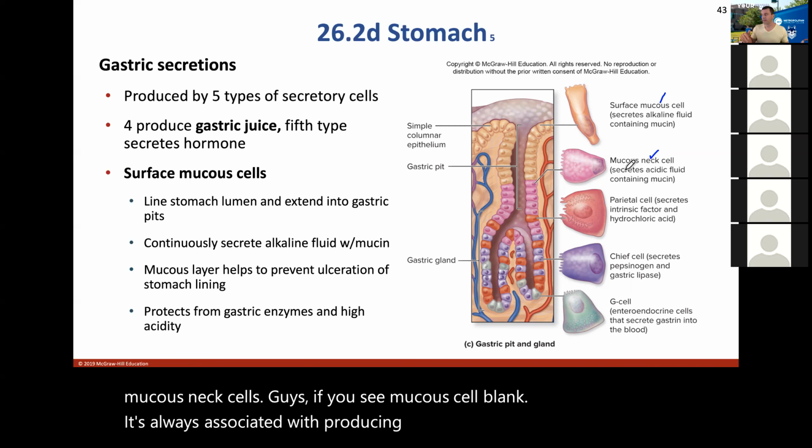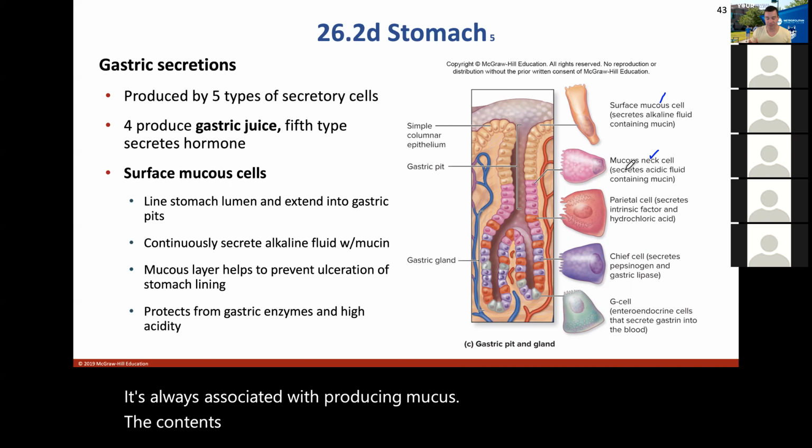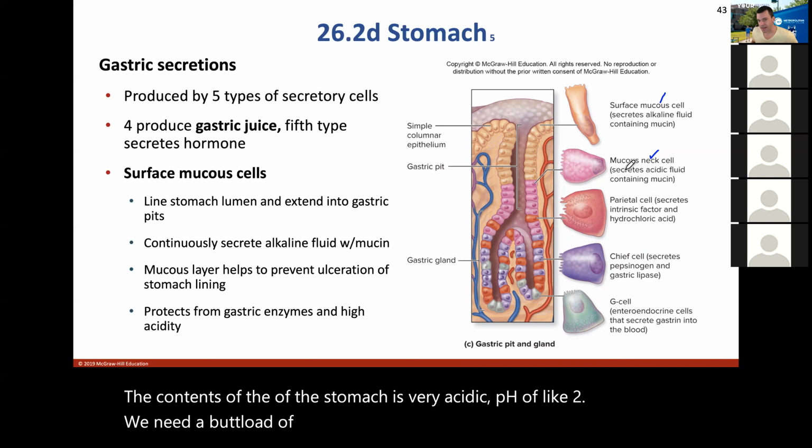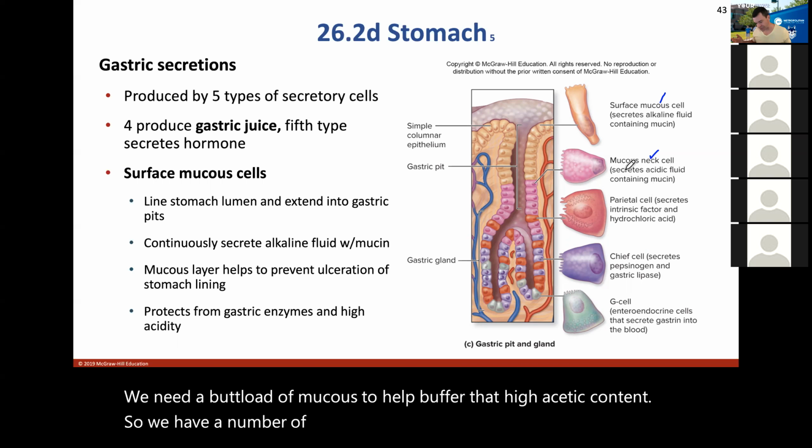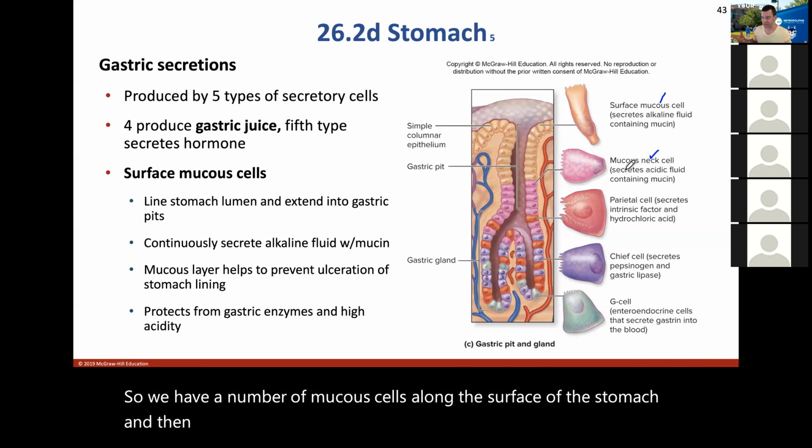The contents of the stomach is very acidic, pH of like 2. We need a lot of mucus to help buffer that high acidic content. So we have a number of mucus cells along the surface of the stomach, and then a lot of mucus cells down through the gastric pit.